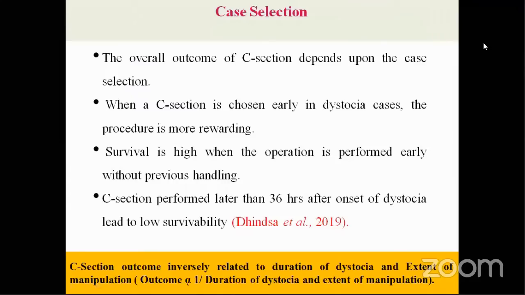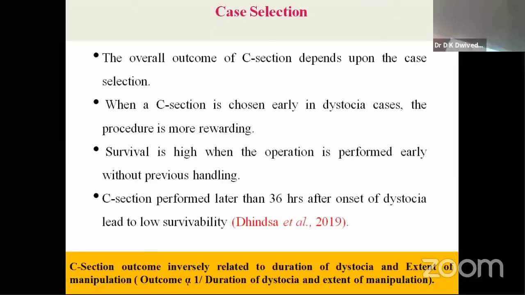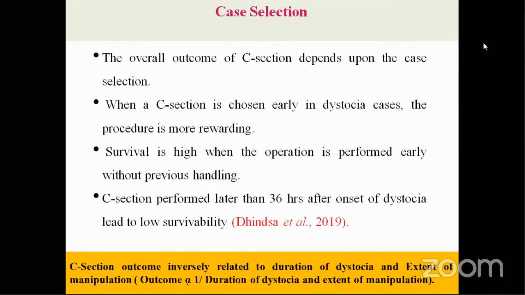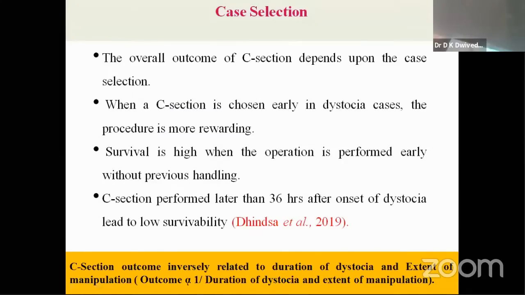That means if the duration of dystocia is more, or it is lengthy, that will decrease your C-section outcome. Your outcome will be poor. So here you have to take the decision.